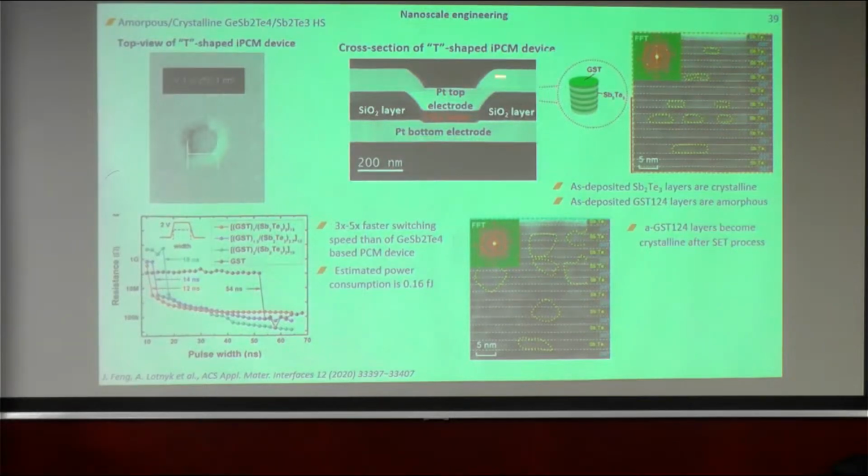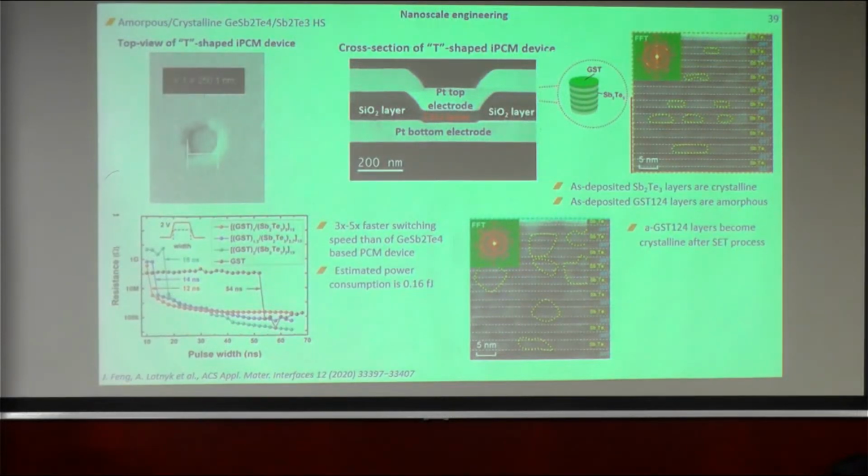First of all, if you prepare such a multi-layer superstructure consisting of antimony telluride and GST, we find that it performs better than homogeneous GST124. This graph shows the dependence of resistance against pulse time. Here is the time required to switch the single-phase GST124: you need 45 nanoseconds.